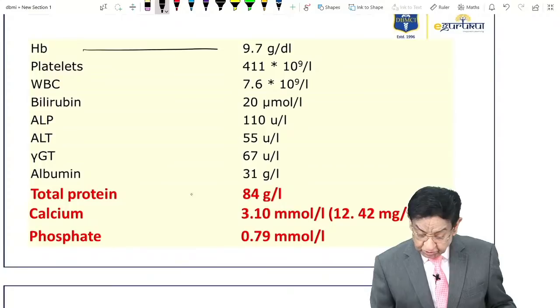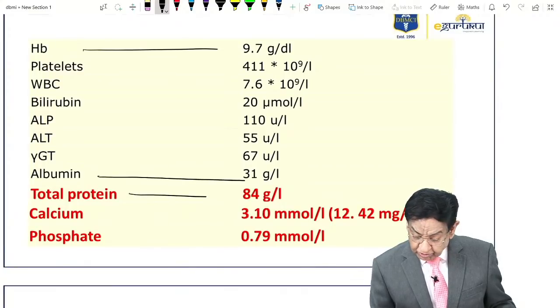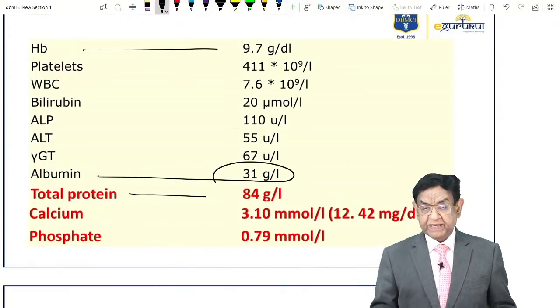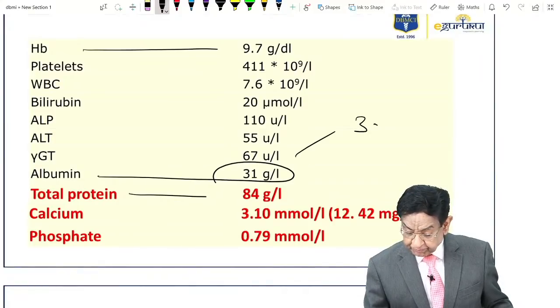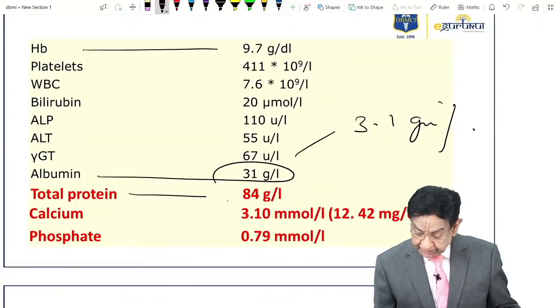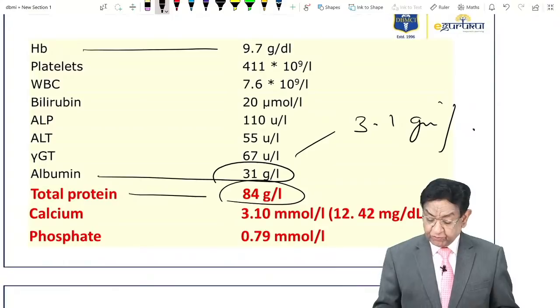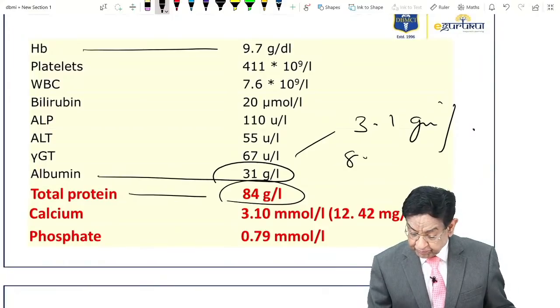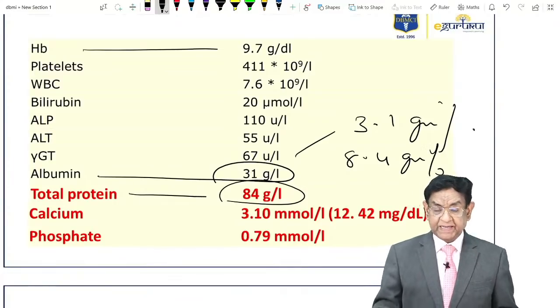Albumin is normal, 3.1 gram %. This is absolutely normal range. But total protein is 84 gram per liter, or we can say 8.4 gram % or per dL.